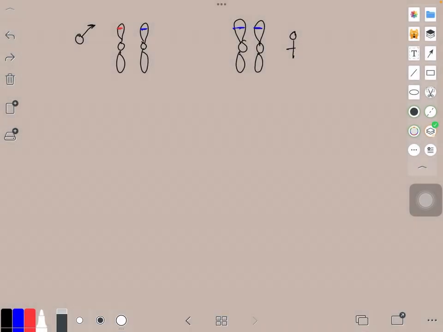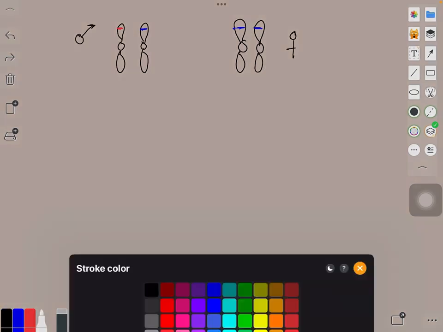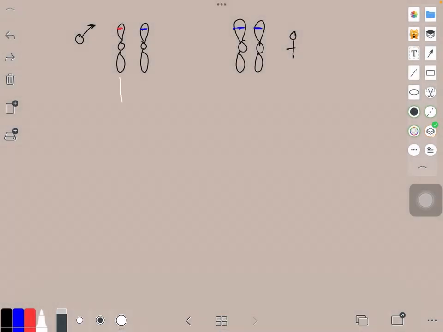Let's do the assortment. This will pair up with this one, then the same one will pair up with this one, then this one will pair up with this one, and again this one will pair with this one.